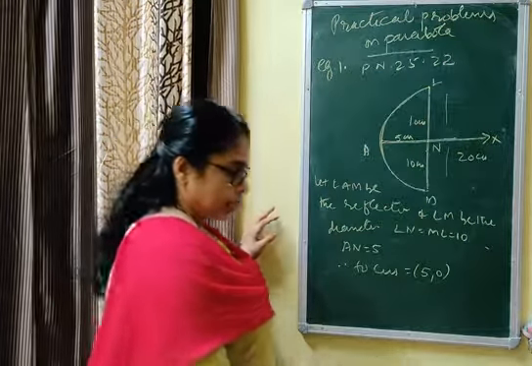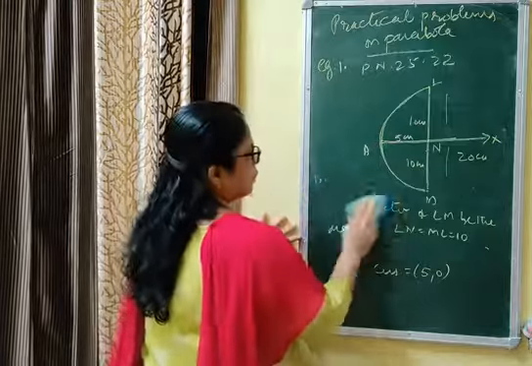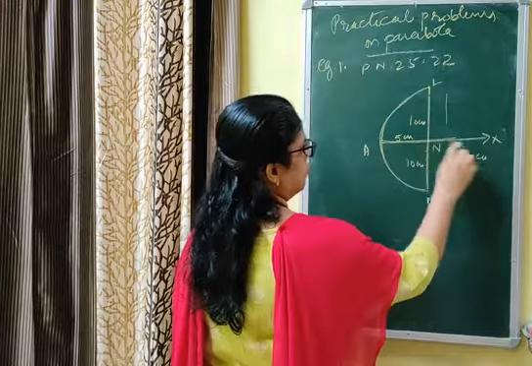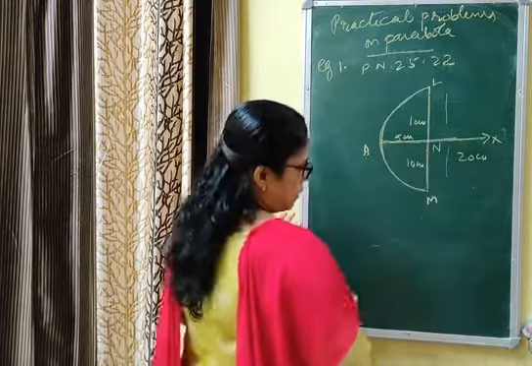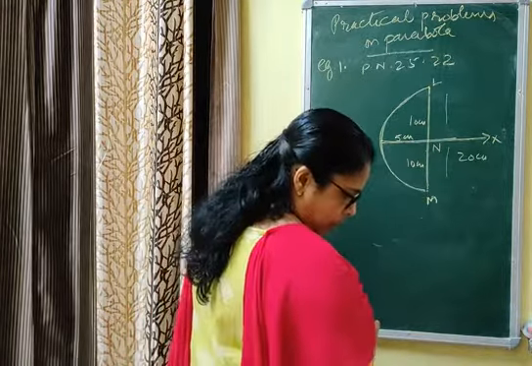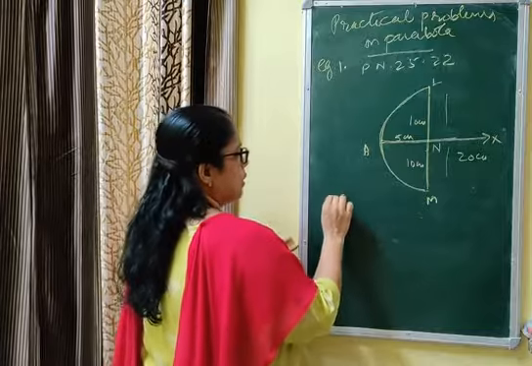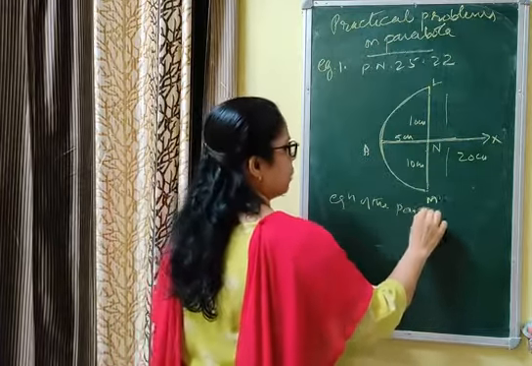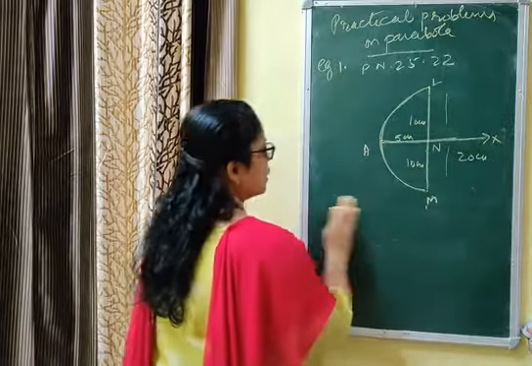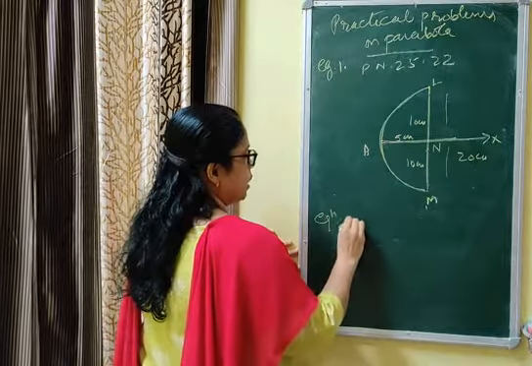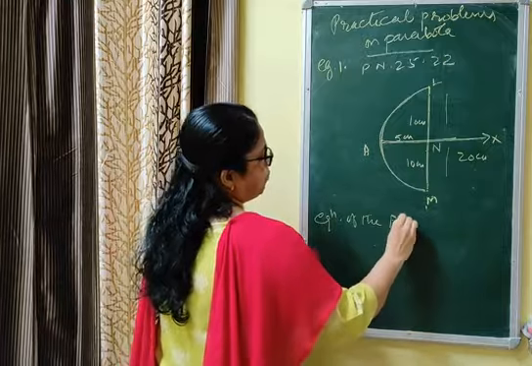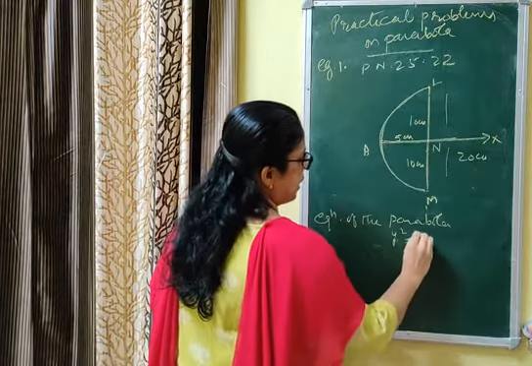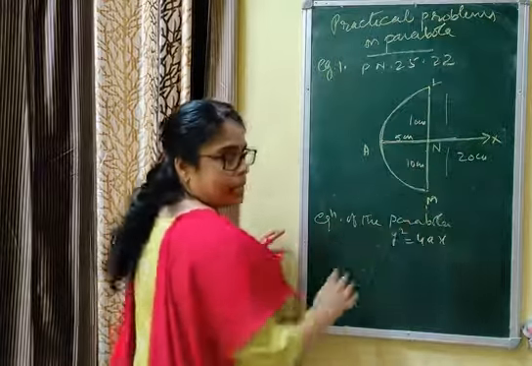Since it is a right-handed parabola, considering AX as the axis of the parabola, the equation of the parabola is y square is equal to 4ax, since it is in the right-handed form.